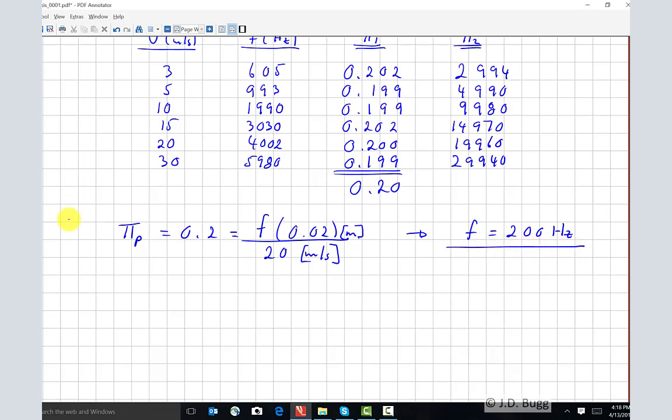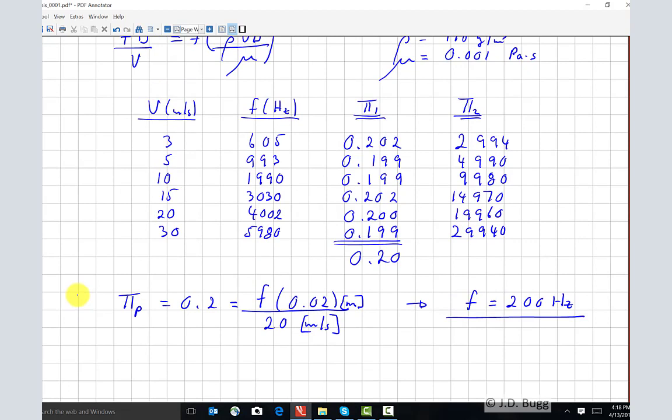Now, you may have noticed that we calculated that frequency based completely on our first pi group by setting this pi group equal to 0.2, because we looked at this data and we saw that this really didn't change. It was 0.2 for all of the Reynolds numbers in the water tunnel experiments. What we can conclude from that is that over this range of Reynolds numbers, this pi group, the Strouhal number, is constant.